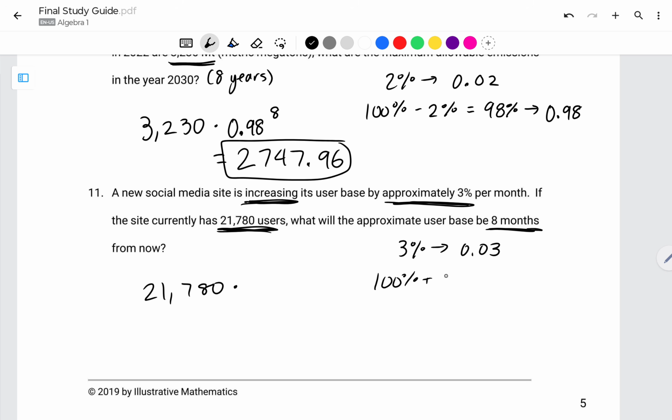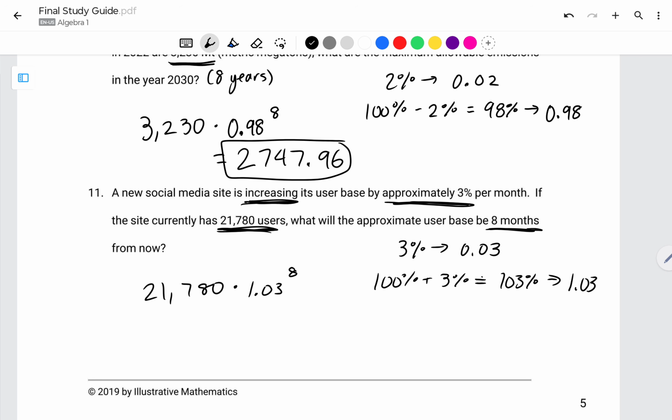So that should be 100% plus 3%. If we're growing, that means we need to grow 103%. How do I write that as a decimal? 100% is 1. So 1.03. So my growth factor is 1.03. And then to the power of 8, right? Because we're trying to grow 8 times.